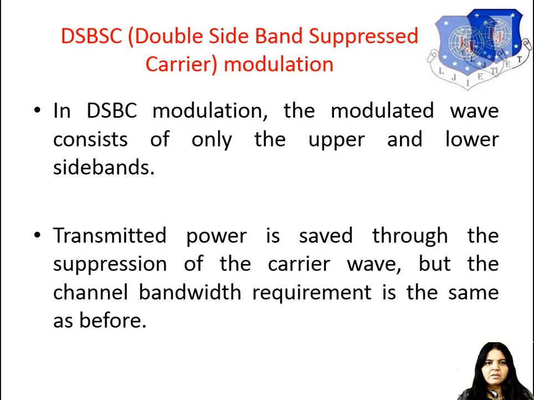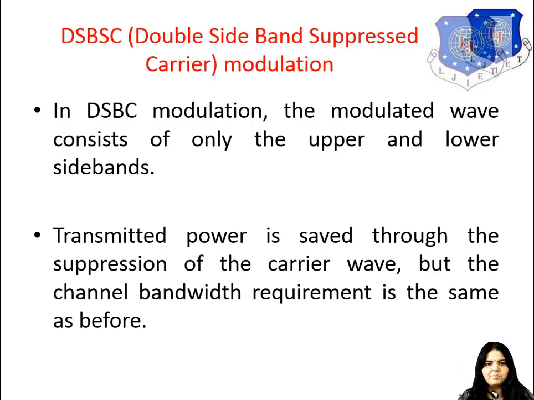Now in this, we will discuss DSBSC modulation. The modulated wave consists of the upper and lower sideband. As I said, the upper and lower sidebands consist of the same information. So when we transmit the copied information with both the upper and lower sidebands, it is a wastage of power.